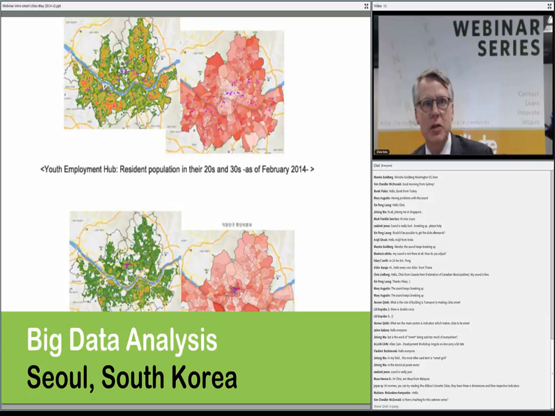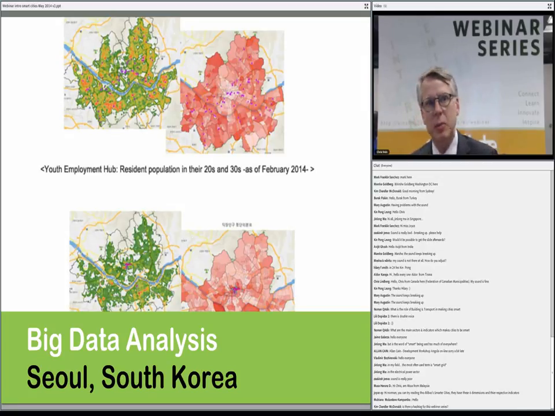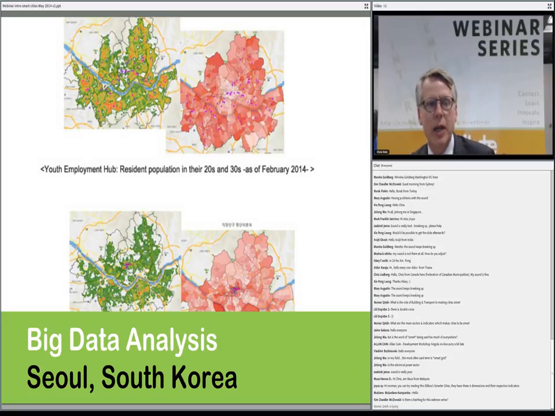They're using this data to focus and hone in on where those employment hubs could and should be. And I think it's a fantastic example of this concept of big data brought to life, of a city using data to make smart decisions rather than intuitive decisions.